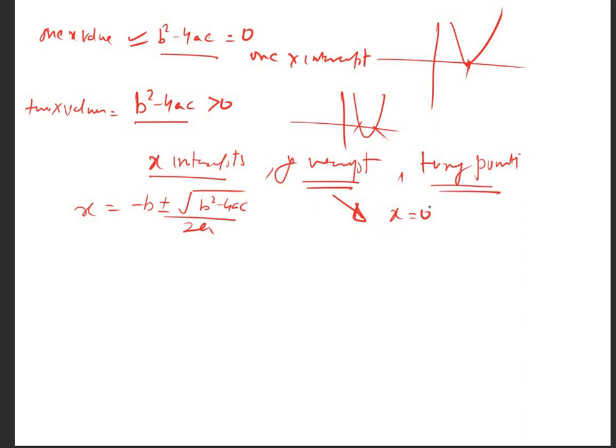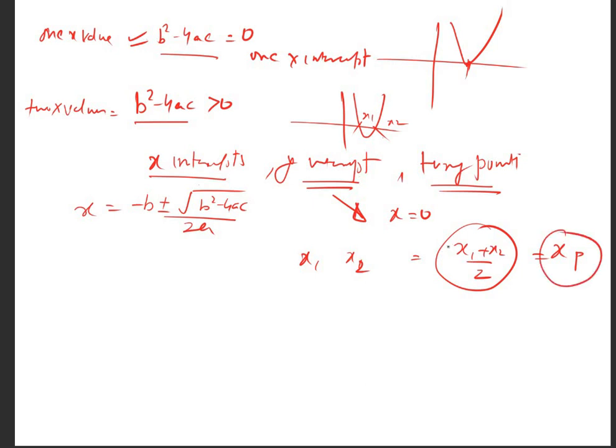And turning points are even easier. If you've got the two x-intercepts, let's say x1 and x2, you add both of them and divide by 2. That is the x coordinate of the turning point.